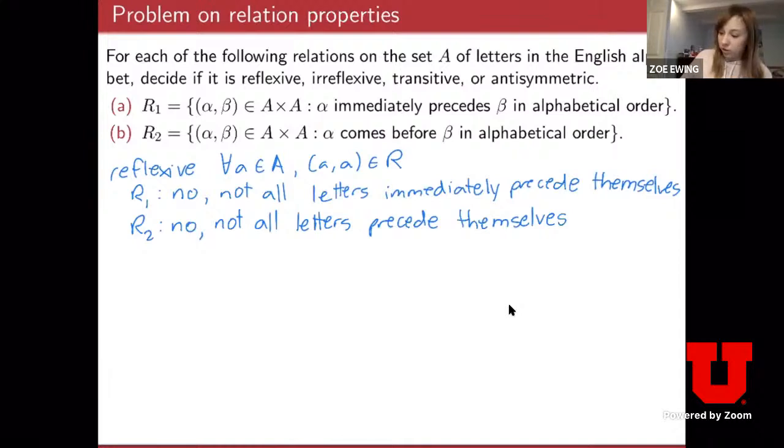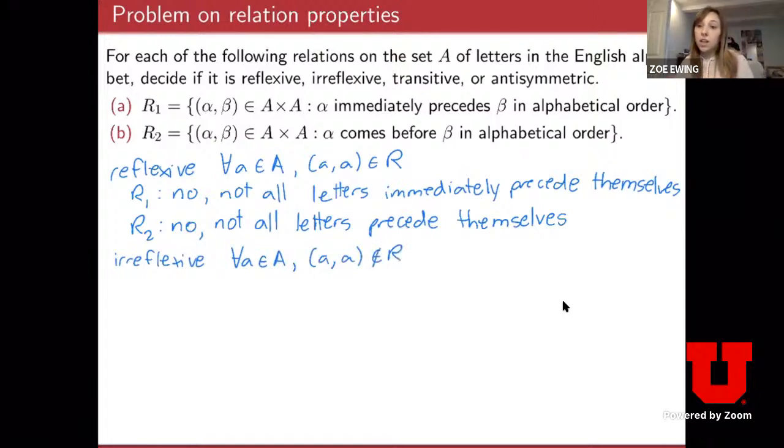Okay, so moving on to irreflexive. Irreflexive means that for every A in the set, it does not point back to itself. So that means that there is nothing that has a self loop in the relation. So is R1 irreflexive?